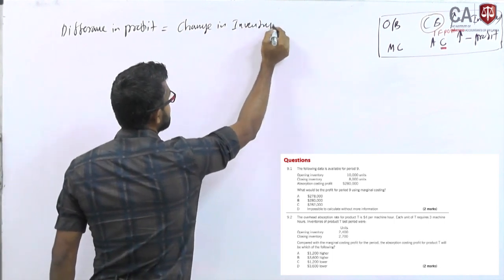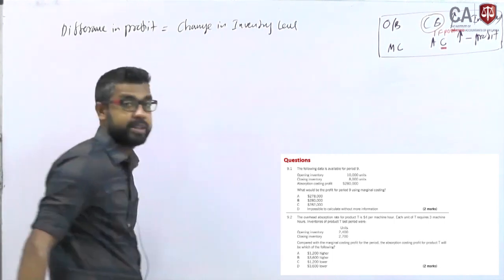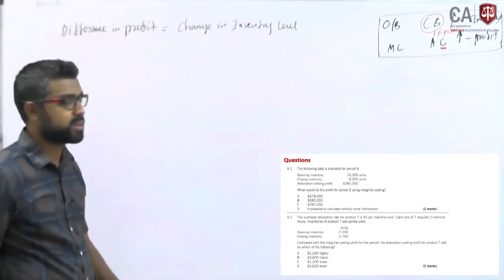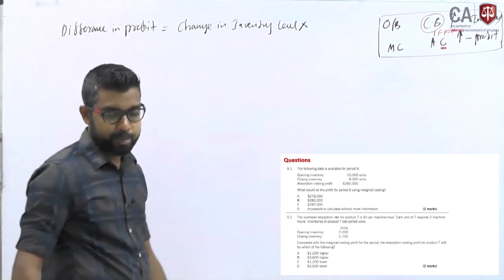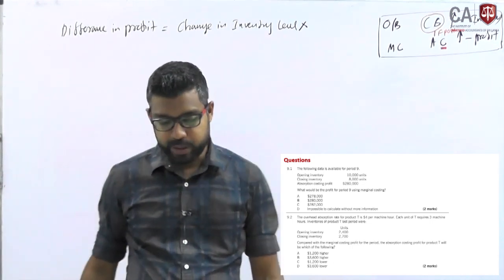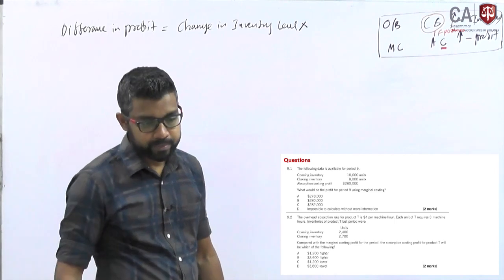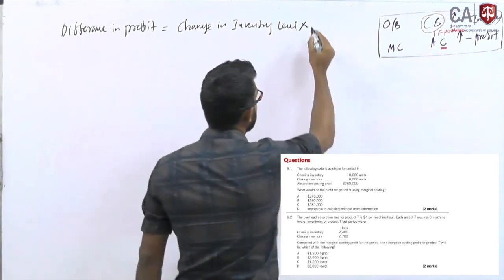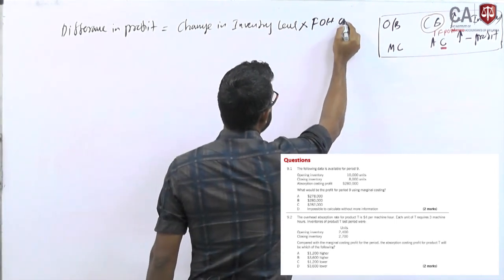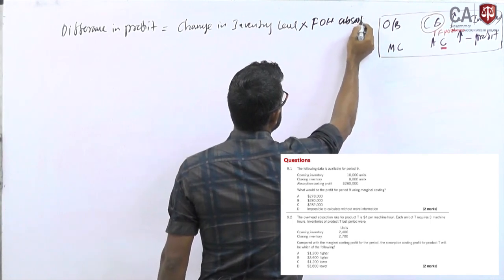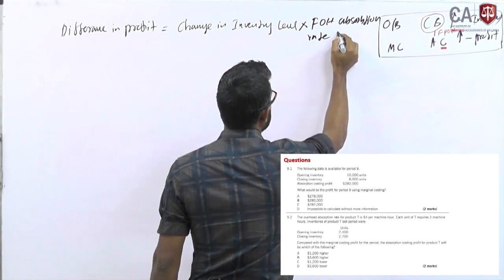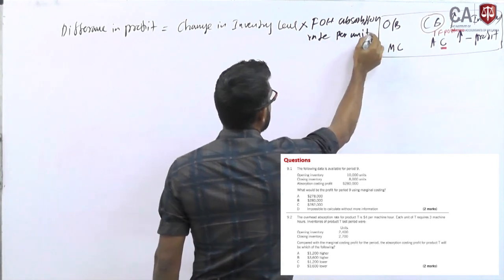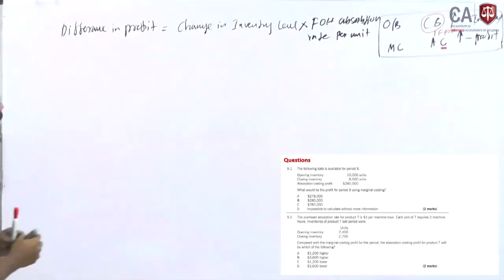Inventory level, right, which means opening balance minus closing balance. The difference is that. Change in inventory level into fixed production absorption rate, fixed overhead absorption rate per unit. This is the difference in profit.